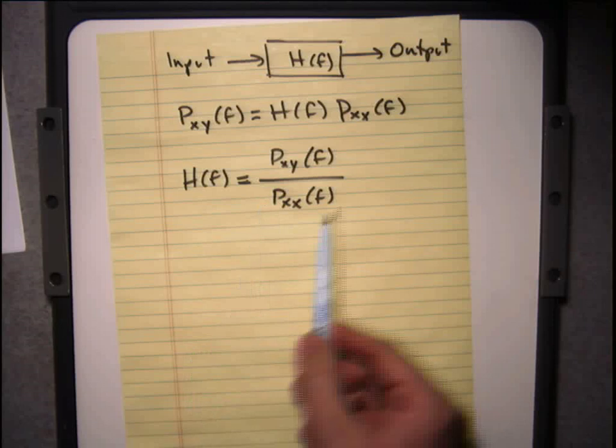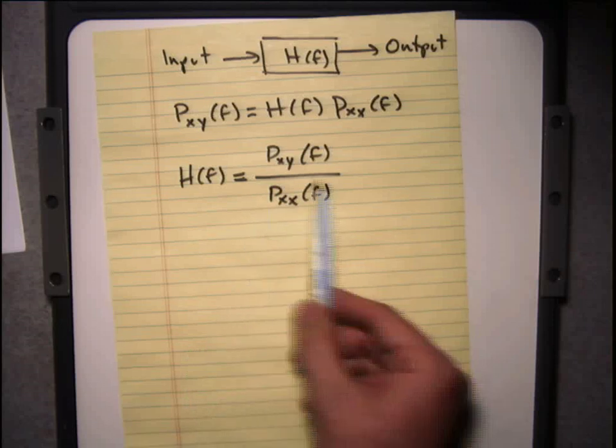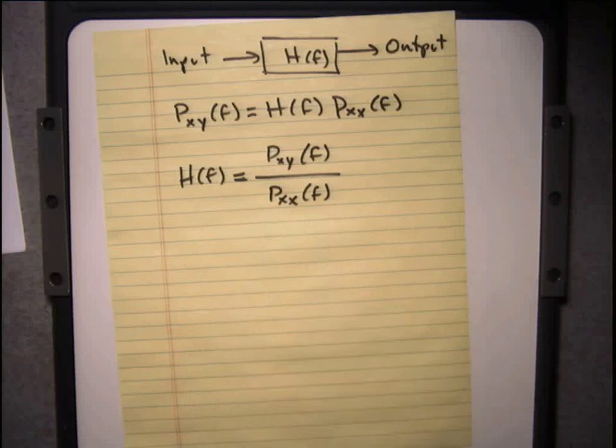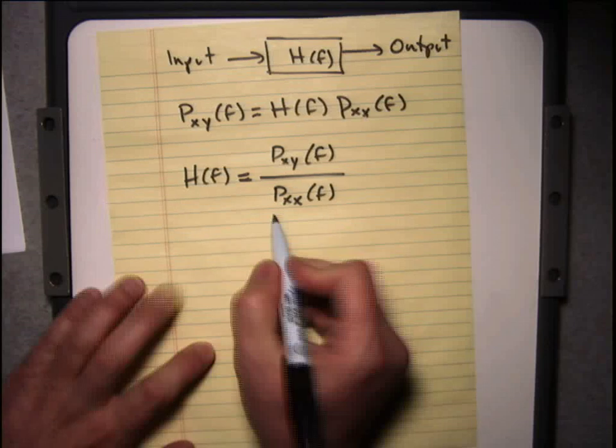So what would be a good thing to put in to make sure that the denominator never gets small? We just talked about it. What is the one power spectrum that I described earlier that never goes to zero? White noise, right? So that would be a good example of where white noise is useful.